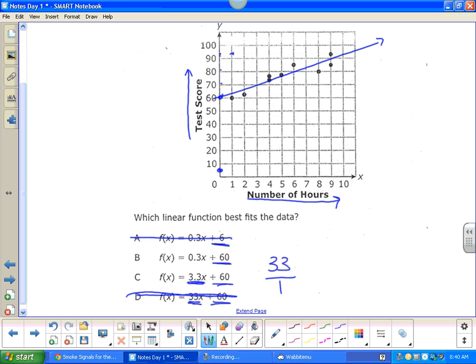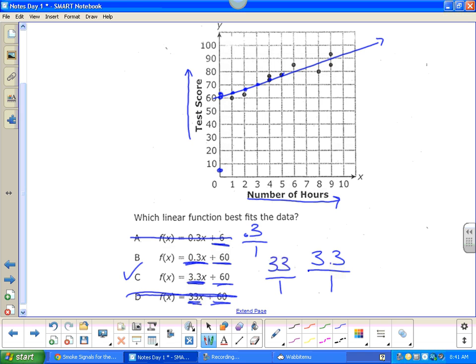C's slope is 3.3, so that's 3.3 over 1. If I go up 3.3, that would be to here, and over 1. Up 3.3 and over 1. It seems to be pretty dead on it, so I like this one.